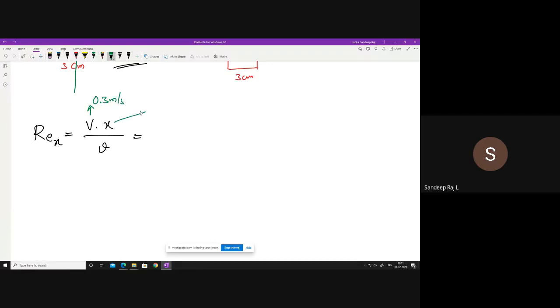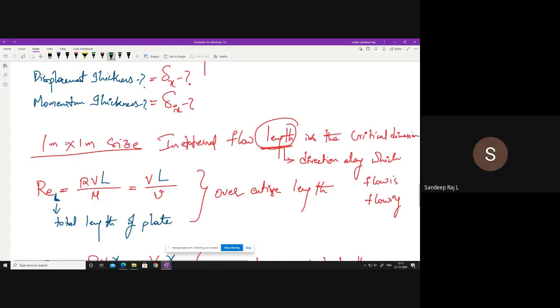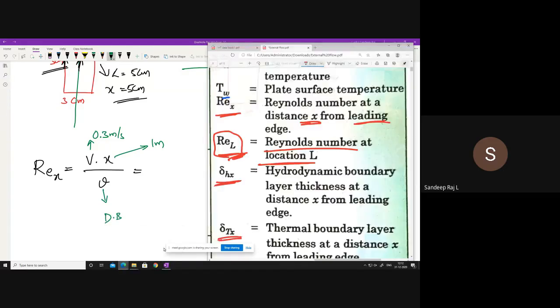From the question, tell me what is the x value? 1. Okay, either it is flowing in this direction or in the other direction, it doesn't matter because both are the same direction. You will get the same. What about nu? It is not known. You have to get it from the data book. So move to your data book.